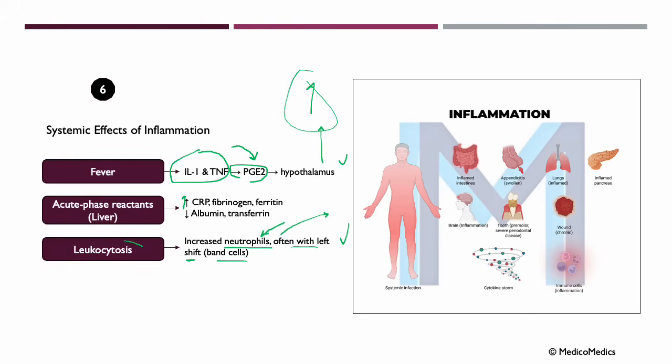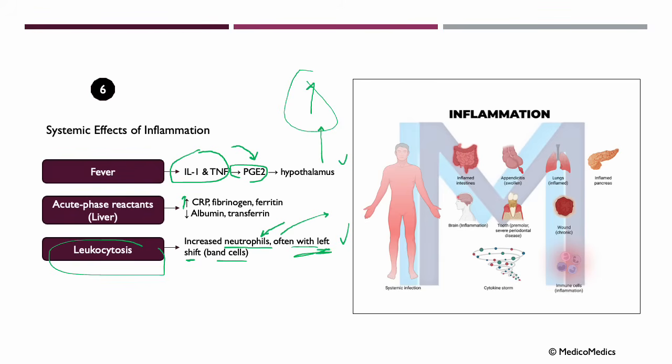So leukocytosis here indeed is a hallmark of acute infection, but can also be seen in inflammation in general. So, for example, tissue necrosis, seen in myocardial infarction, or hematologic malignancies, for example. So, again, I've seen many medical students struggle here, but let's clarify it one more time.